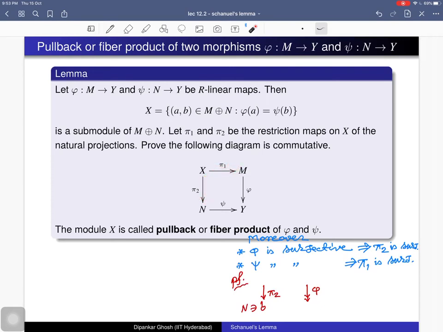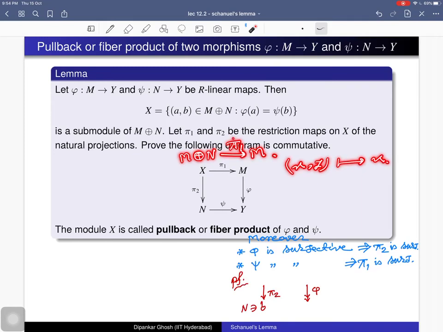Since this is a submodule of the direct sum, from M direct sum N to M we already have the projection map, the projection on the first component. Namely, it is mapping (x, y) to x.